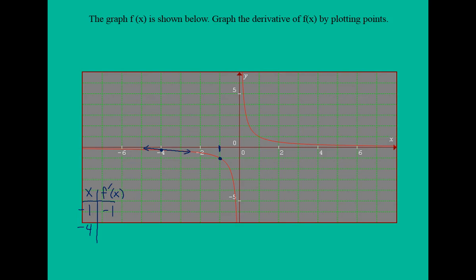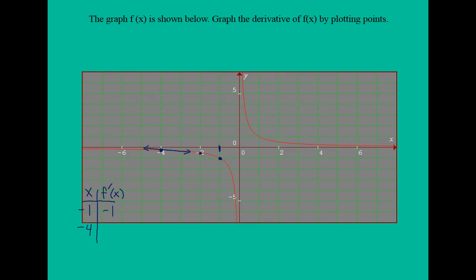So we would be plotting a point at -4 and a very small negative value. And we could estimate that value by drawing in the tangent line and calculating the slope of that tangent line by looking at the graph. But it's going to be a very small negative number.